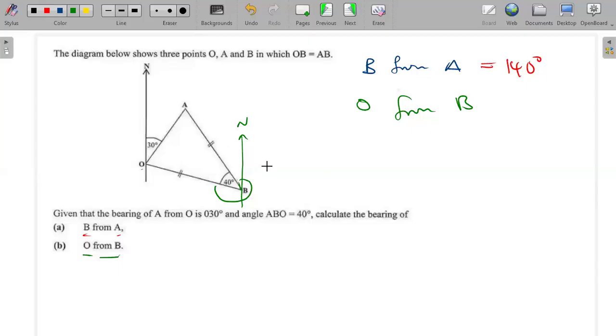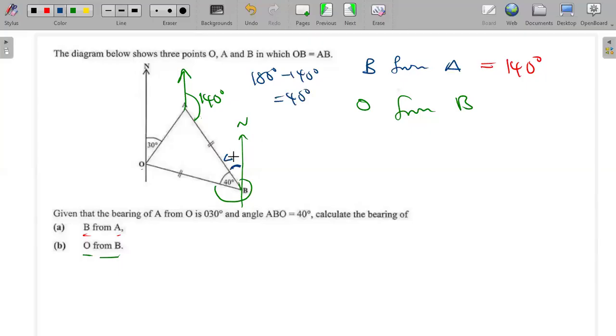Remember that we found this angle here, and that angle from here to there is 140 degrees. So this angle and this angle here add up to 180 because they are allied angles. So I subtract 180 degrees minus 140 degrees, and this just gives me 40.